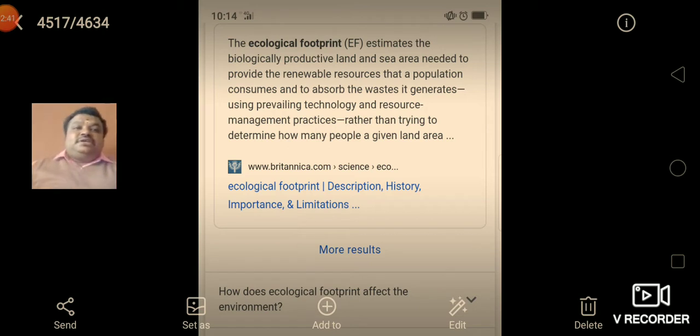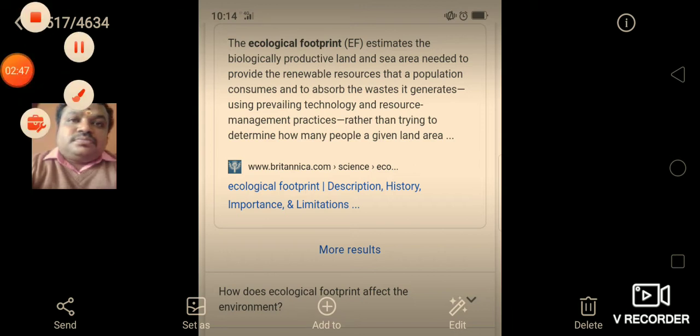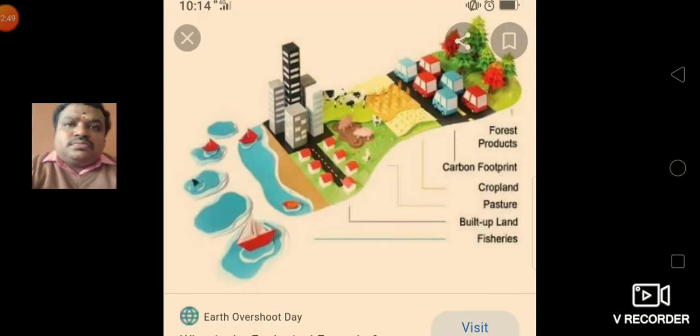So let us see the picture of the ecological footprint. You can see the picture here. Ecological footprint, forest products, carbon footprint, then cropland, pasture and built up land, fisheries. Understood? So what does it say?